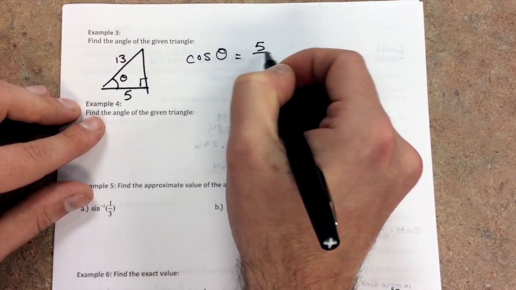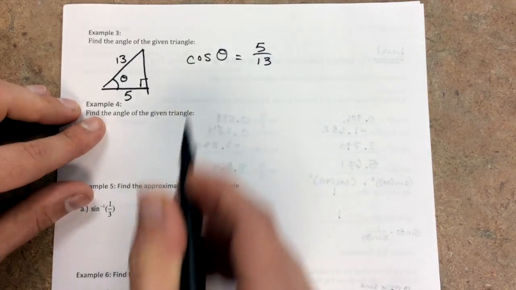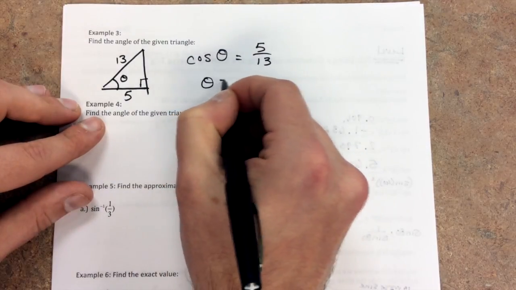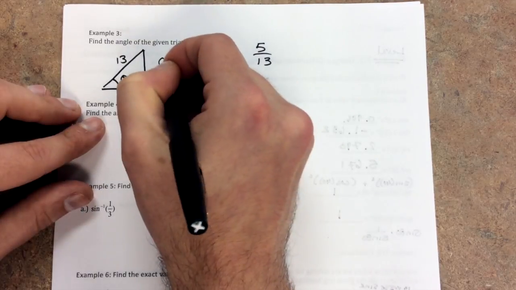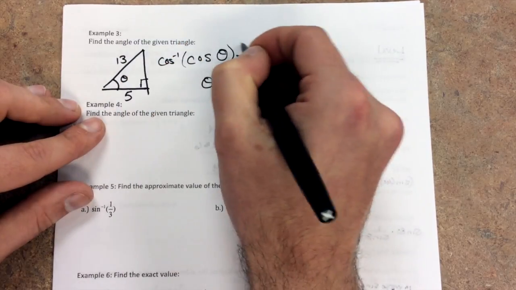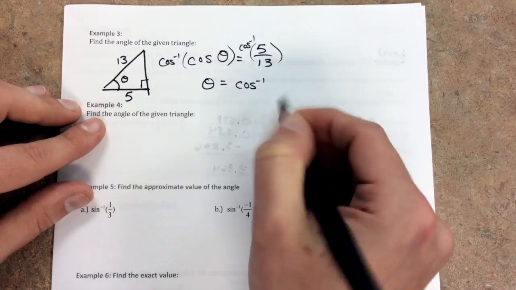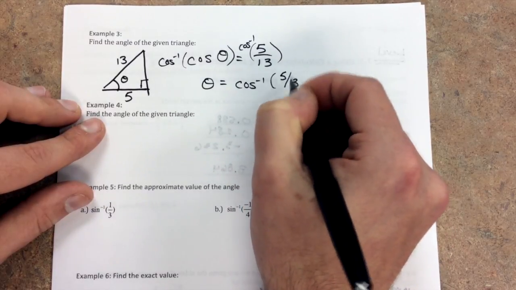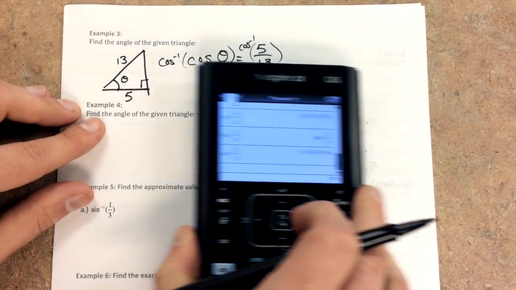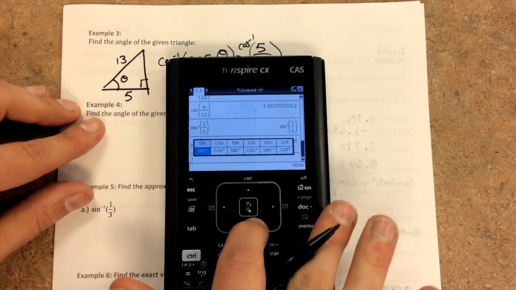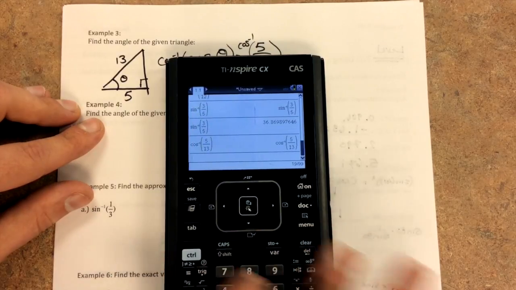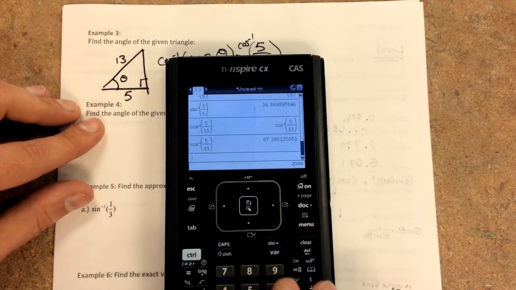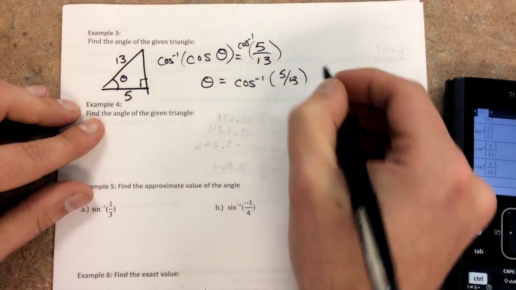So 5/13. To solve for the angle, theta equals the inverse cosine of 5/13, if we take the inverse cosine of both sides. Now since my calculator is back in radians, I can just do inverse cosine of 5/13, control enter, and I get 67.38 degrees.